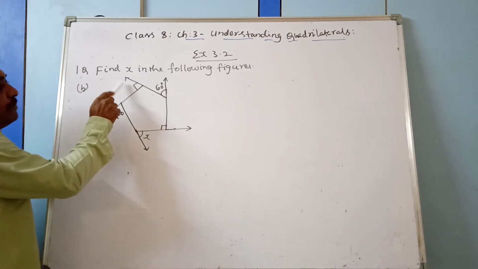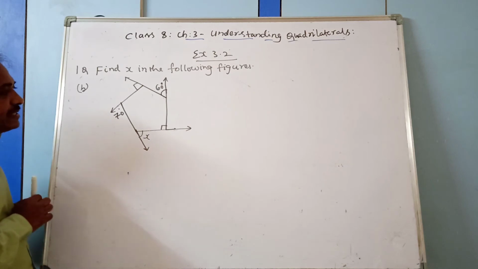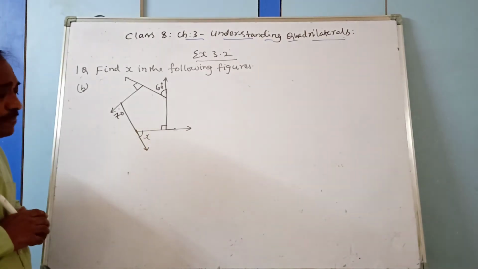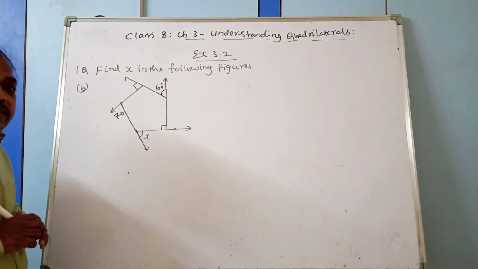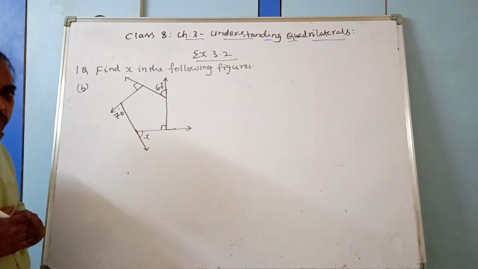This symbol also represents 90 degrees. Which concept can be used here? Sum of exterior angles is equal to 360 degrees. Yes, you are right.